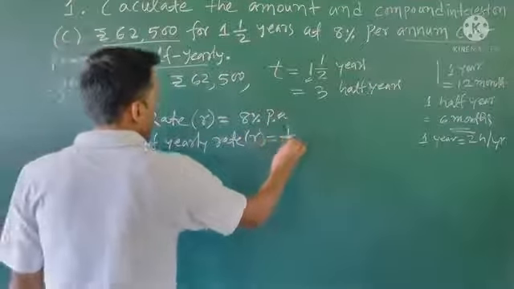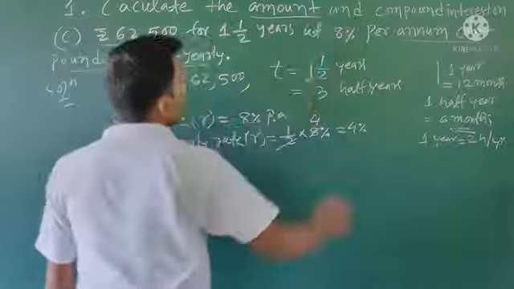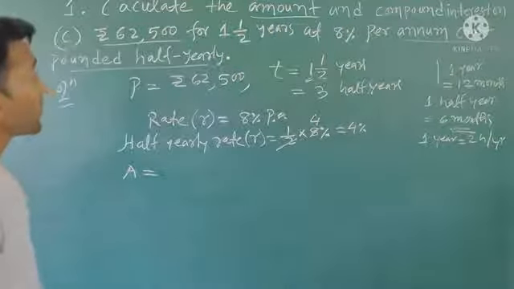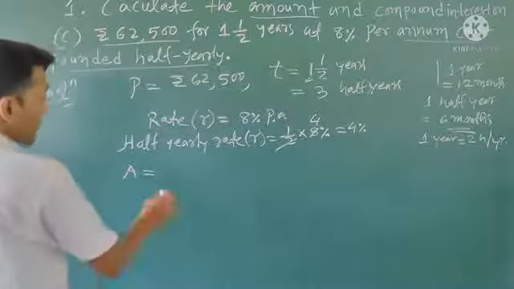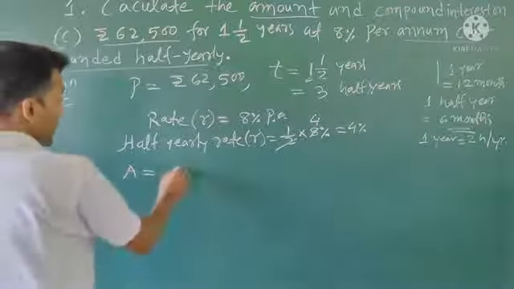Now we find first the amount, because it is asked in your question. First calculate the amount, then compound interest. Write down the amount formula: Principal into 1 plus rate of interest upon 100, to the power time.